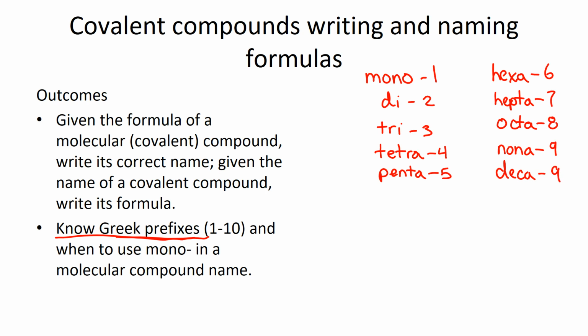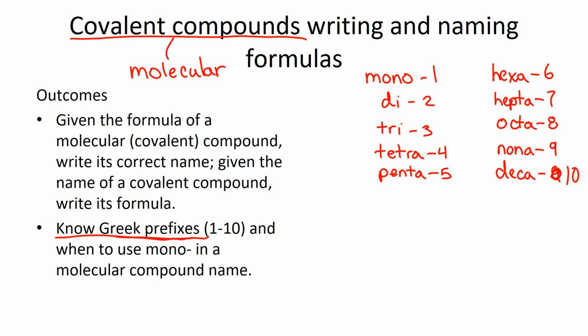All right. So going through here, the first thing that I want to introduce for when we're dealing with covalent compounds, which we're also going to call molecular compounds. When we're writing the names of these, we're going to include these Greek prefixes from 1 to 10.